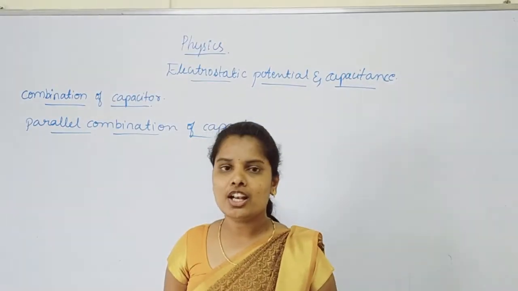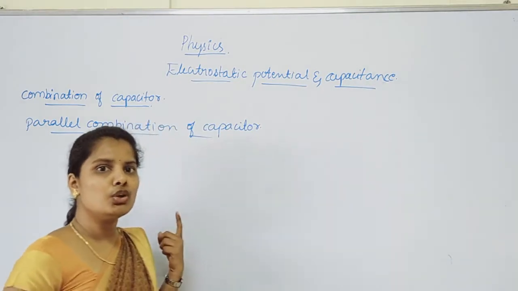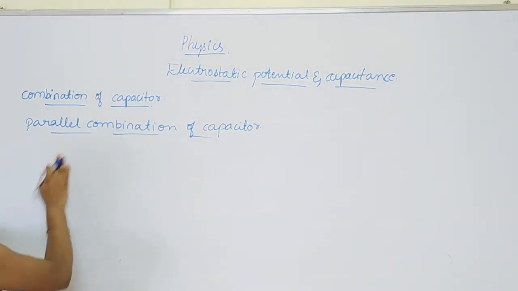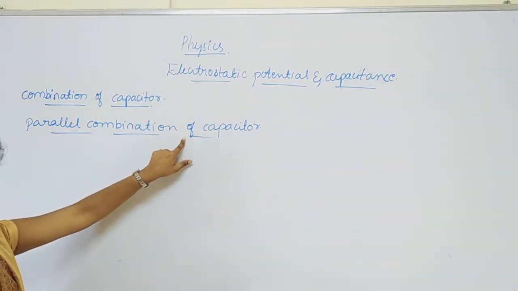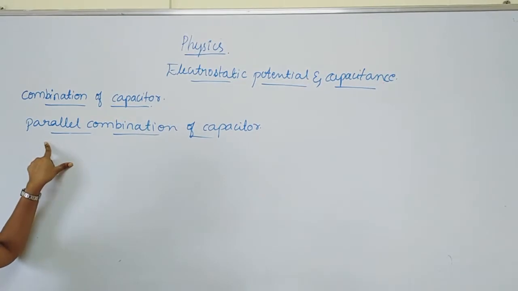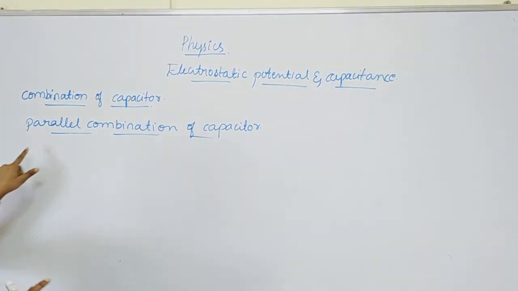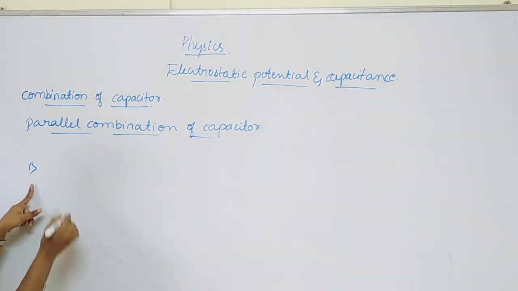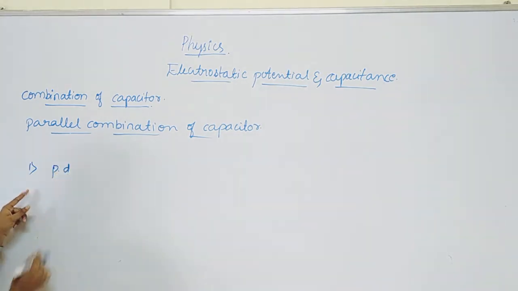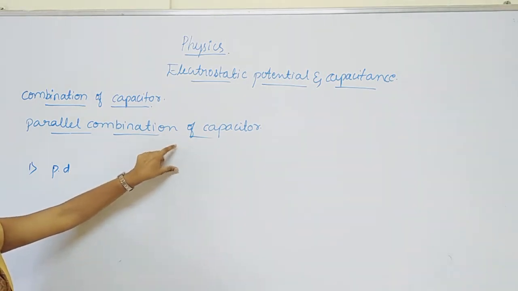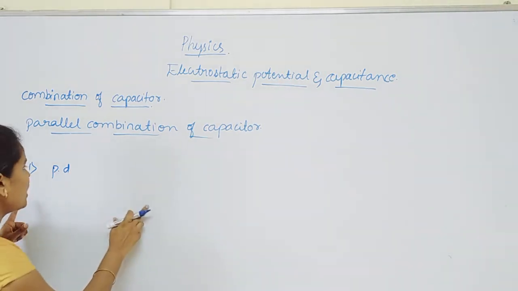The capacitors are said to be connected in parallel when they are connected between two common points such that in parallel combination the potential difference across the two capacitors is equal to the applied potential.